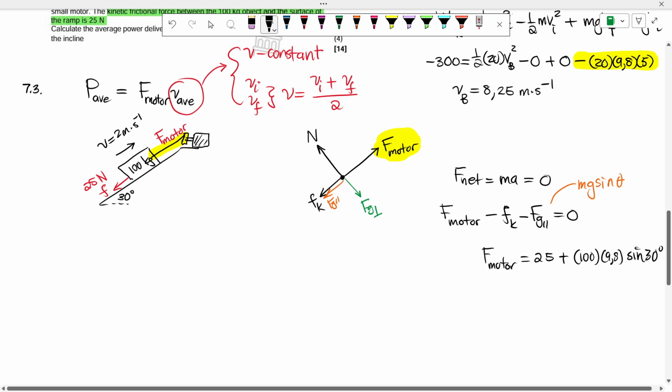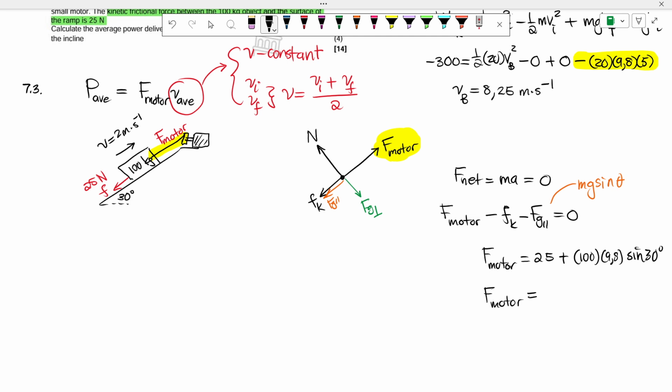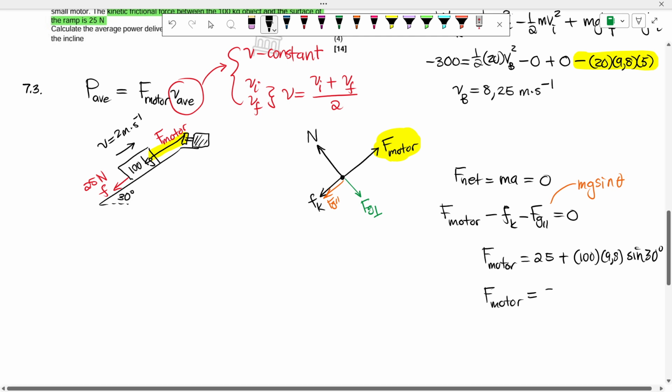So what do we find for F motor? We get 515 newtons, and that's the one that we need to substitute in the average power.